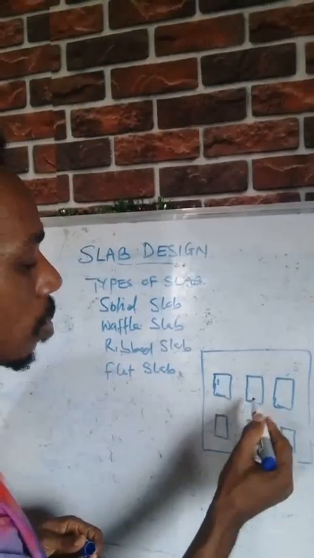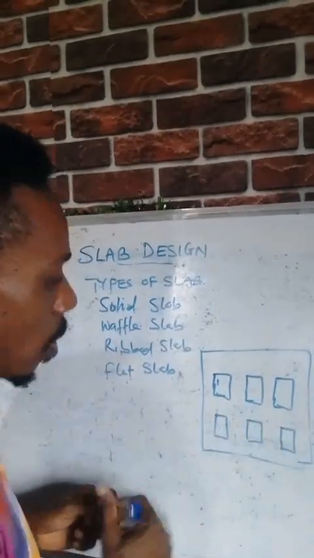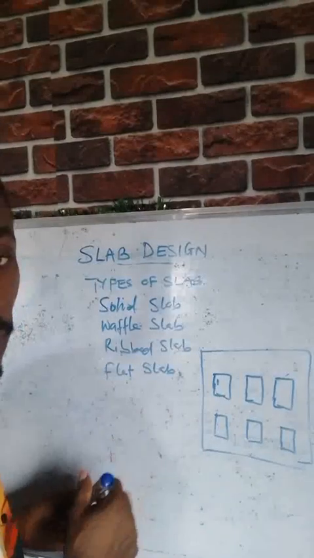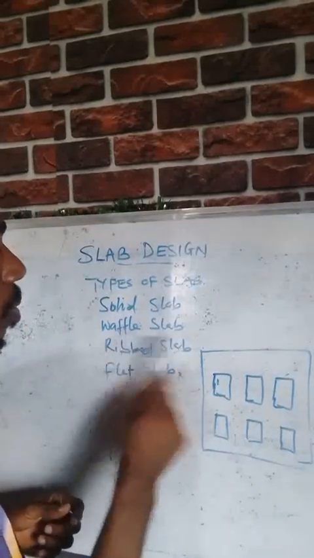These are inward projections, and when you have this, it is what we refer to as your waffle slab.